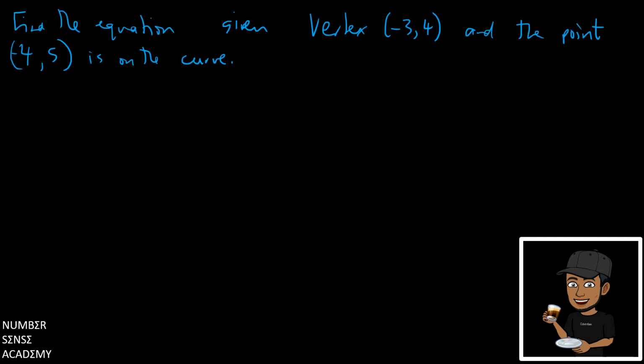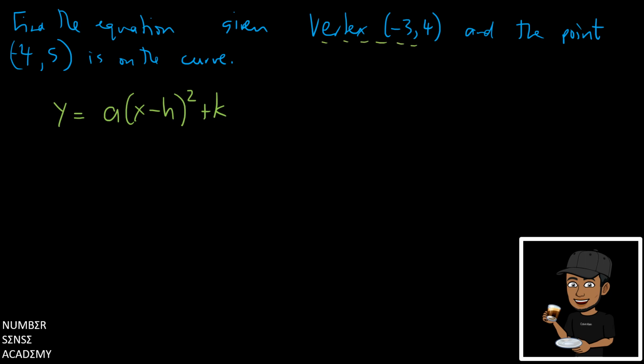Okay, so the first thing we're going to do with this one, write out the equation in vertex form. So the equation is y is equal to a times x minus h squared plus k. That's the equation. Then you're going to take the information that you have, and you're going to plug it in and then see what's left.